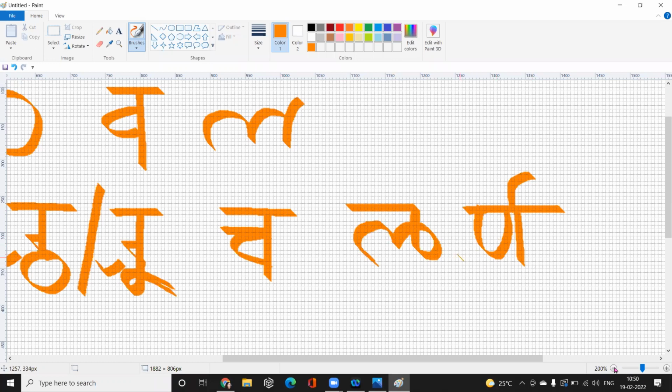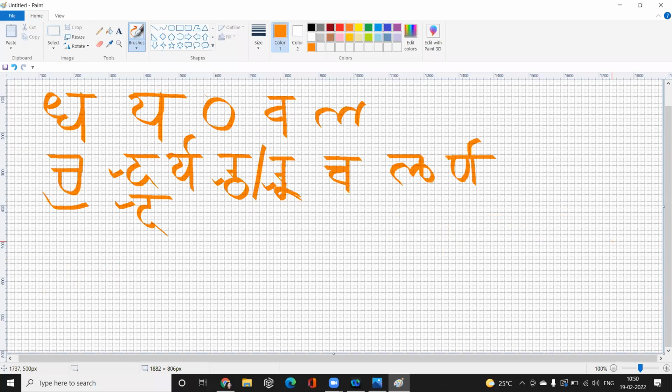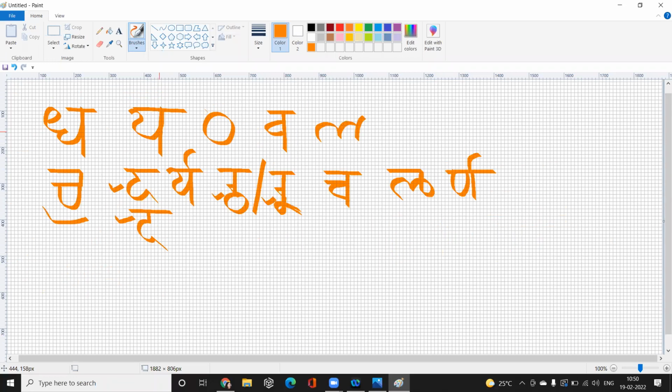So these are a few letters that follow their own rule when written with matra ra. They do not follow the rules of their category. Like for example, ya doesn't follow the rule of category B. The dha follows the rule of category B, but otherwise it is considered a special character. Again, tha is written in both ways.